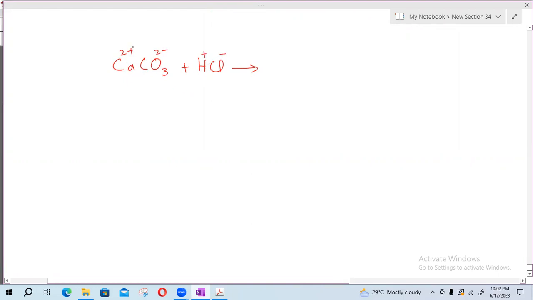When they react, the positive component of one substance combines with the negative component of the other, and it will form calcium chloride. To make the formula, we know that calcium is plus 2 and chloride is minus 1, and after interchanging their valency, we can predict that its formula will be CaCl2.